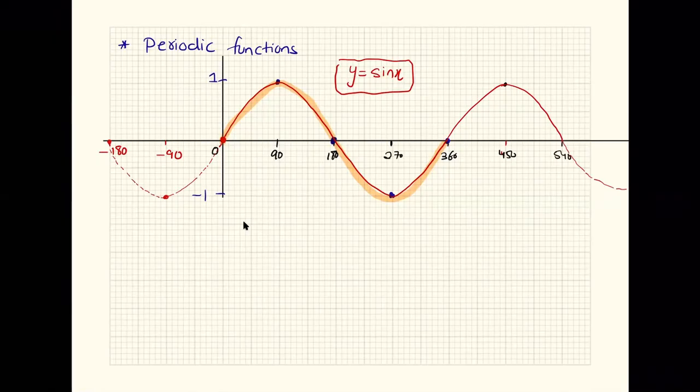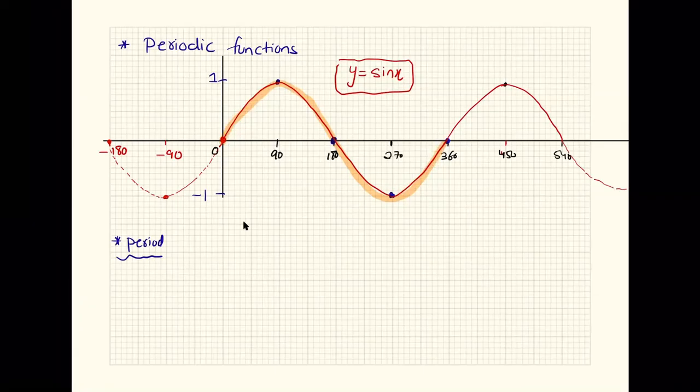Now you must be aware of what we mean by the word period. The period of a periodic function is defined as the length of one cycle, the length of one repetition. It is given in degrees. If I ask you, where is one cycle of sin x being completed?